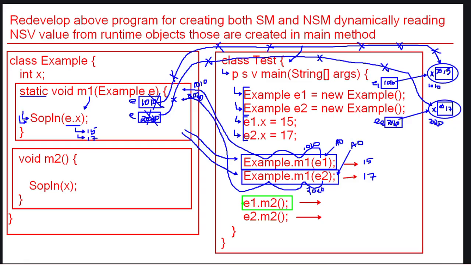E1. E1 refers to what? Execute the no-parameter M2 method from which class? The class E1 is pointing to, by passing the E1 object reference. What is the E1 object reference? 1010. Now tell me, here E1 is a current object or an argument object? Current object. Here the terminology is current object.